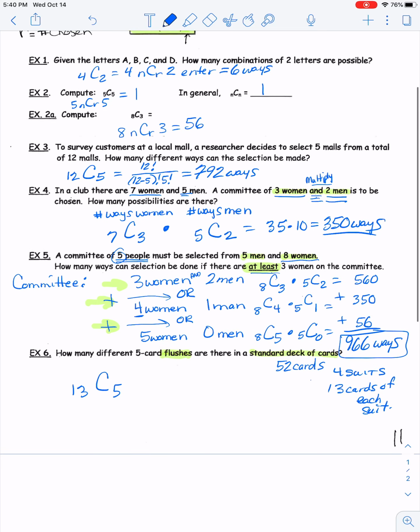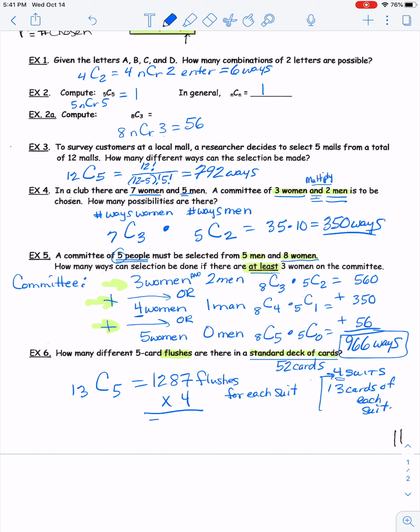All right, so if I do a 13C5, I get 1,287 flushes. And I should say that's for each suit. So if I want it for the whole deck of cards, which is what it says over there, I have to multiply that number by 4 because there are 4 suits in that standard deck of cards.